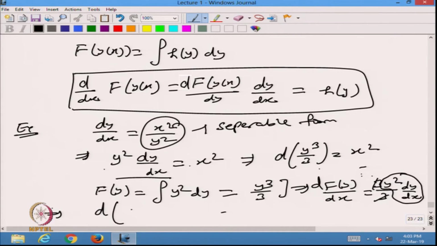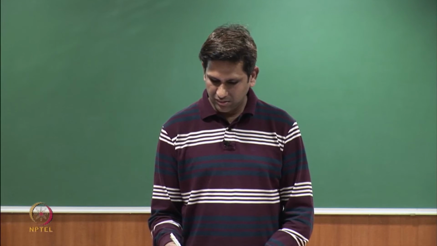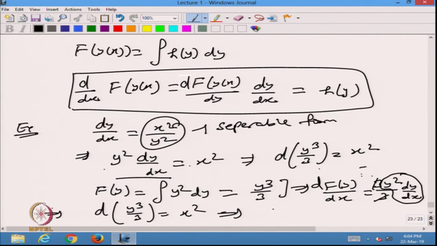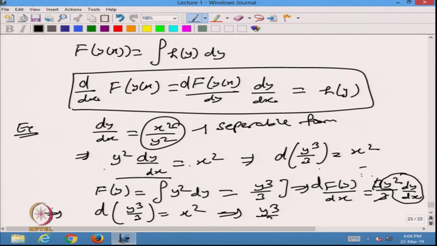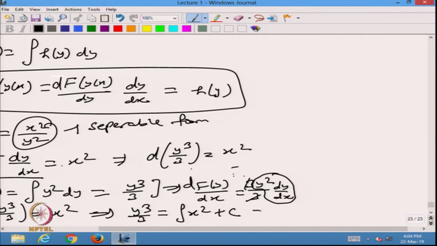So, using this one, I have converted my differential equation into the simpler form, this one, which can be further solved by integrating both sides. So, if I integrate both sides with respect to x, then I will get y cube by 3 is equal to integration of x square plus c, which can be further solved.